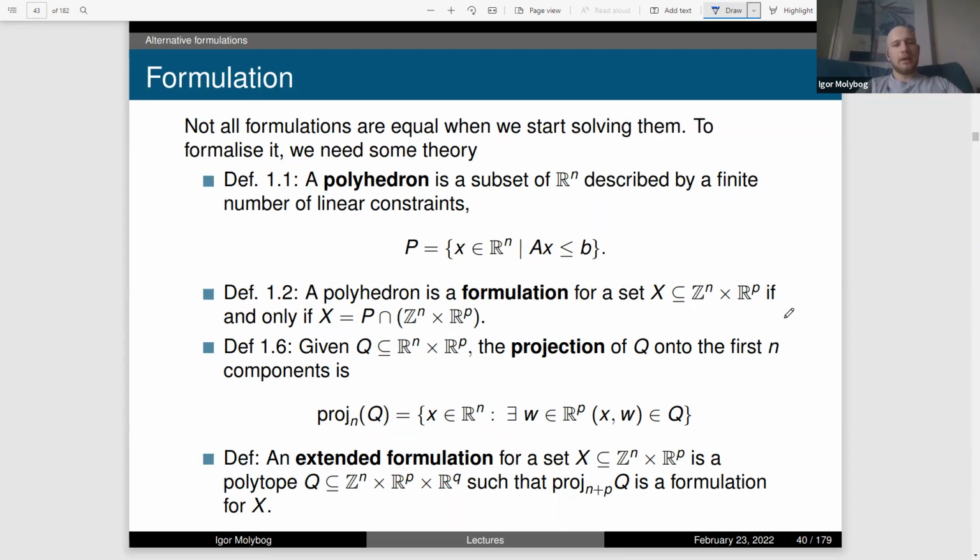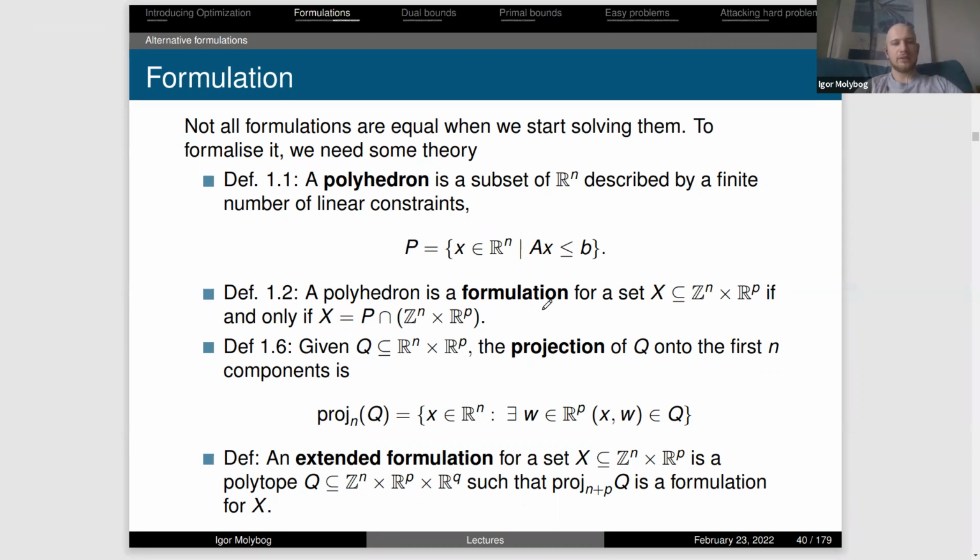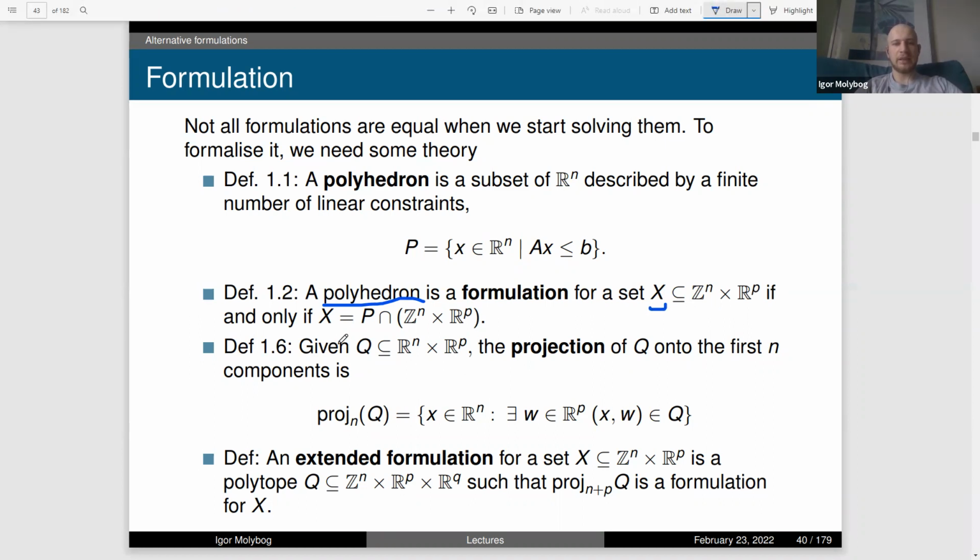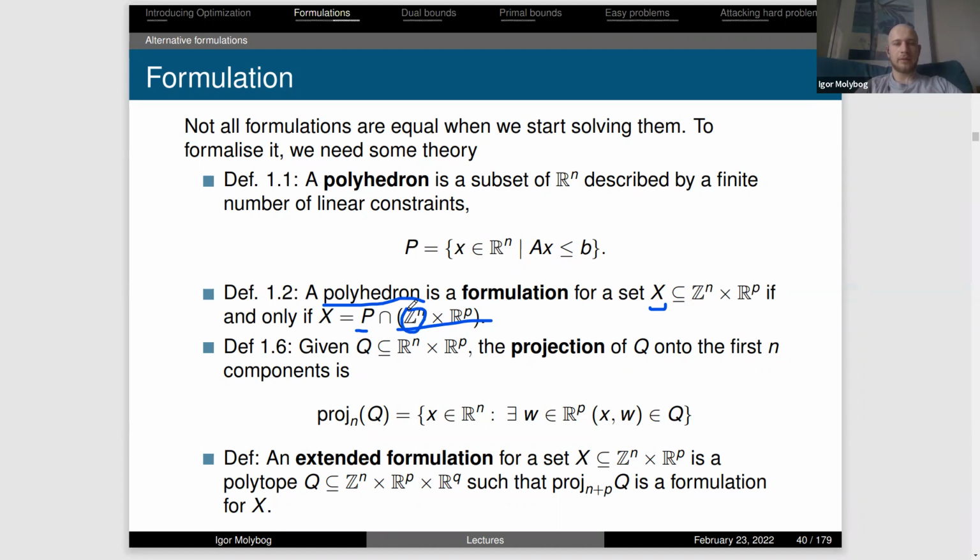Then we have been talking about the formulation, and we'll be talking about what a formulation is, strictly speaking. The formulation is a polyhedron such that the feasible set X can be represented as the intersection of this polyhedron and the product of the set of integral vectors times the set of real vectors.